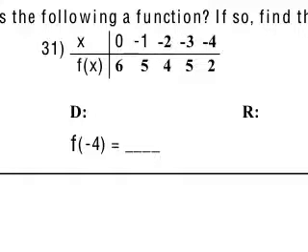So the way a function operates is only one particular answer for each x. Only one. Other x's could have the same f of x, could have the same y. But each x only has one answer. So let's look at this one.